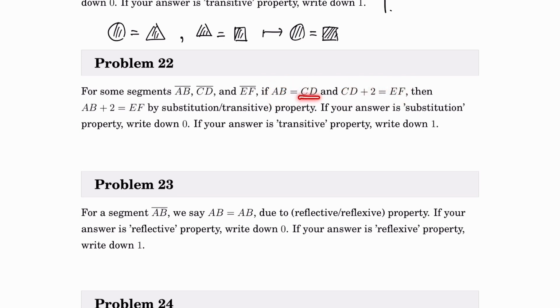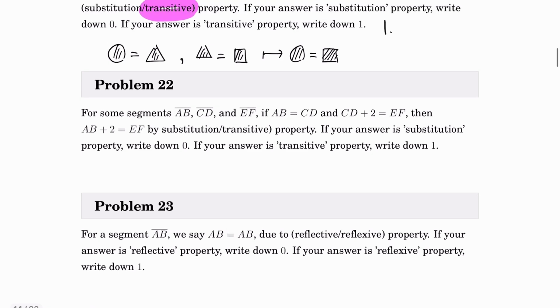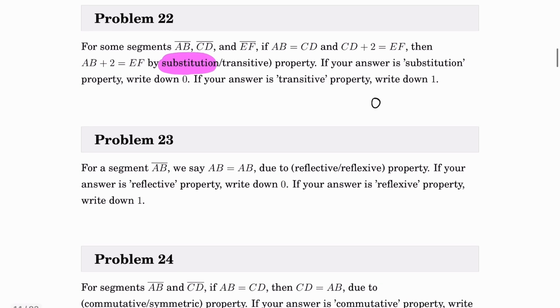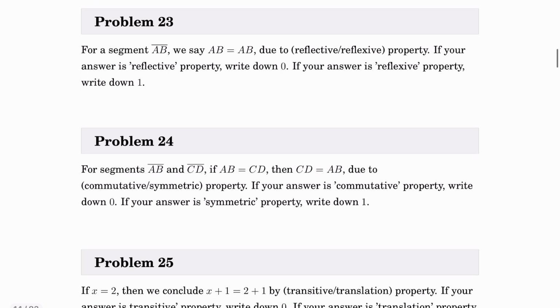So CD and CD plus 2 are not necessarily exactly the same. If you see expressions that do not look like 21, you have to say that this is the substitution property. So we have a substitution property out here. The answer becomes 0.